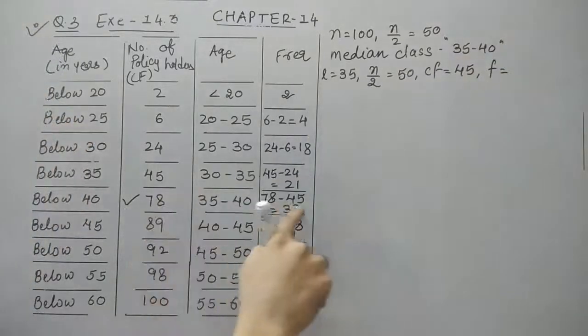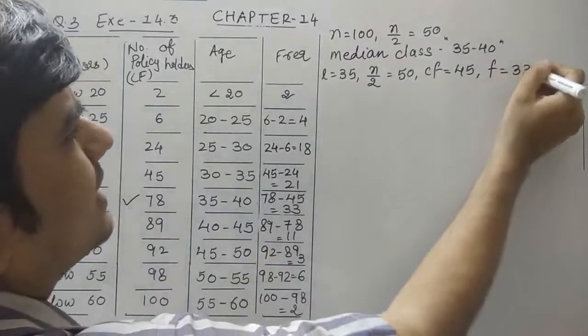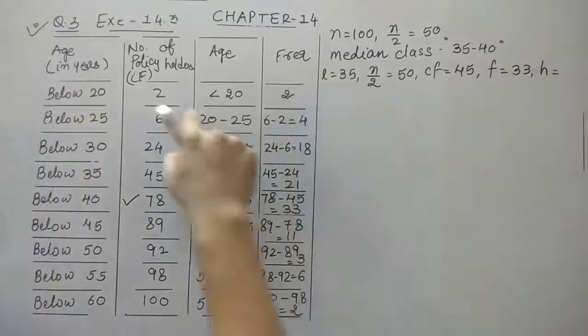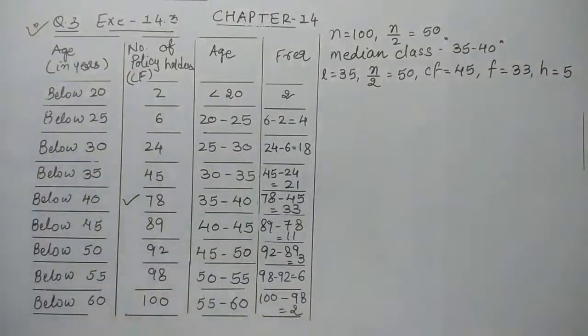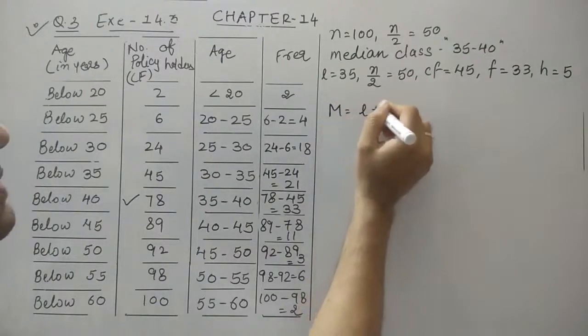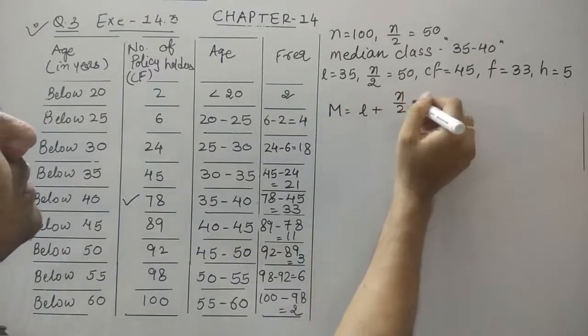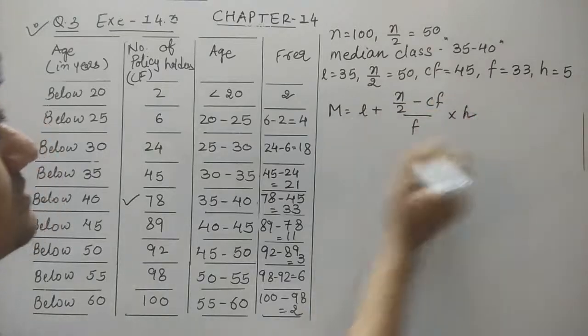Frequency of the same class, that is 33. This is our frequency. The last value h is considered as the class length, 5. Let us substitute these values into the median formula: L plus n upon 2 minus CF upon f into h.